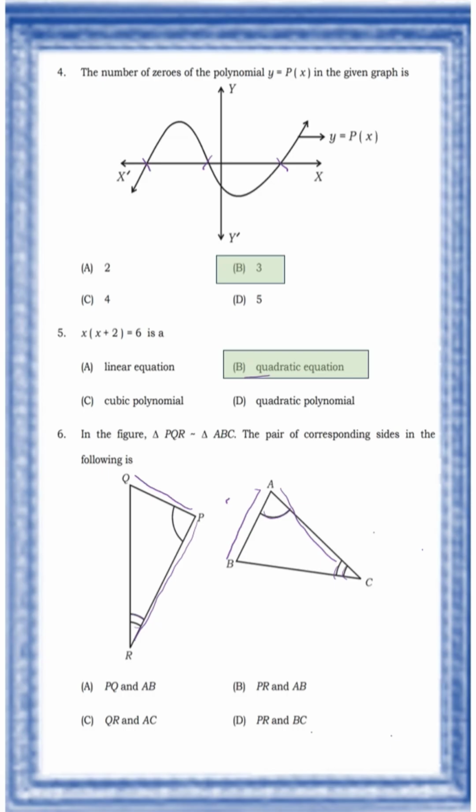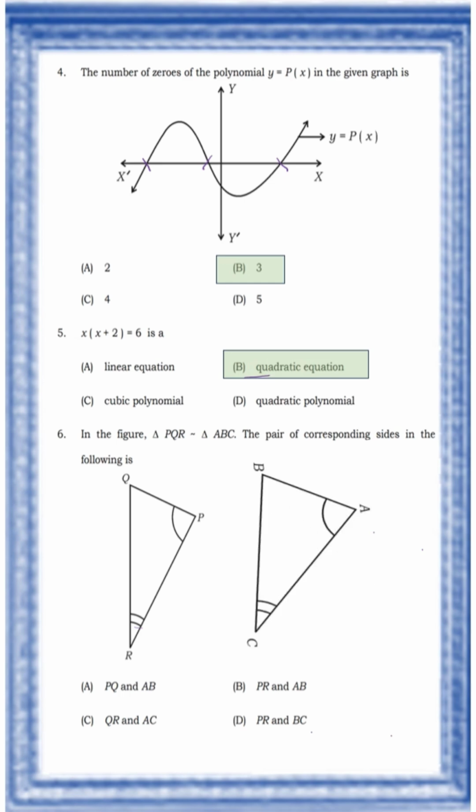If you are still confused, put a figure like this. Then you can understand very well. QR and AB, corresponding. So option A is correct. Check this one also. PR, where is it?